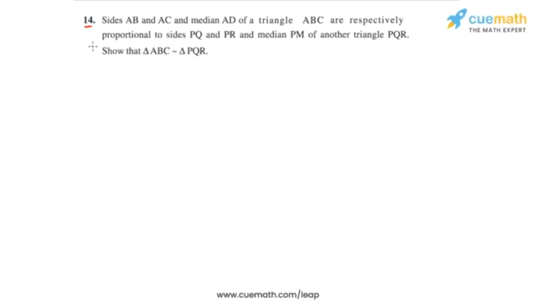To learn more, here's what it says. Sides AB and AC and median AD of a triangle ABC are respectively proportional to sides PQ and PR and median PM of another triangle PQR, and we have to show that triangle ABC is similar to triangle PQR. So let me show you a figure that I've drawn for this information.